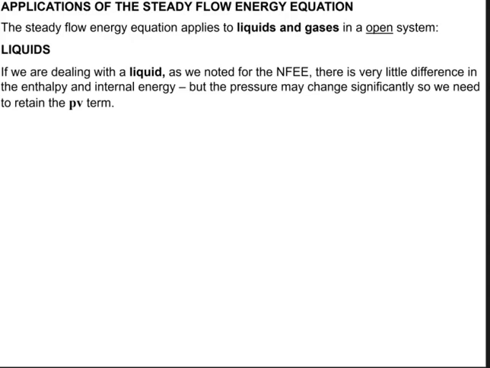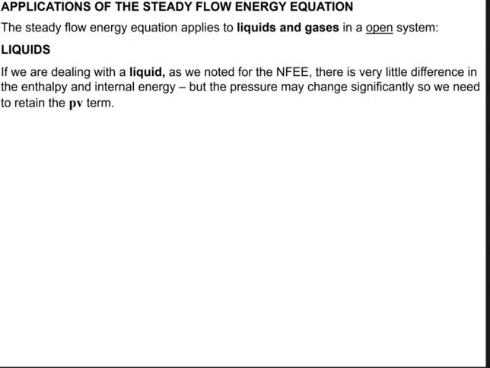When we discuss SFEE, we deal with fluids. Fluids are liquids and gases as well. Now, if there is no difference between the enthalpy and the internal energy, if something is flowing very smoothly, then we use another type of equation. We will discuss that one in a minute.